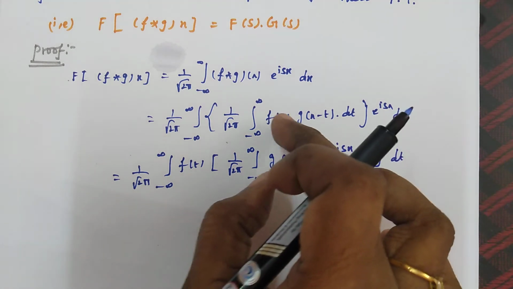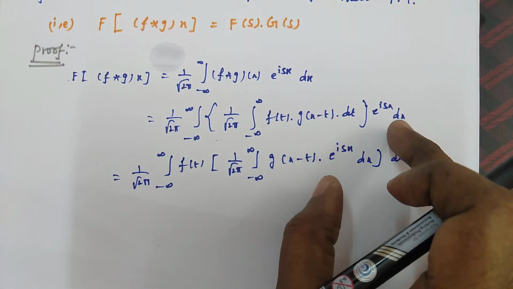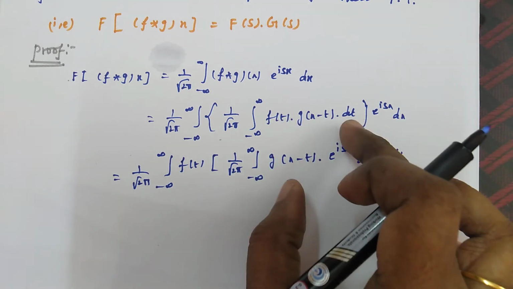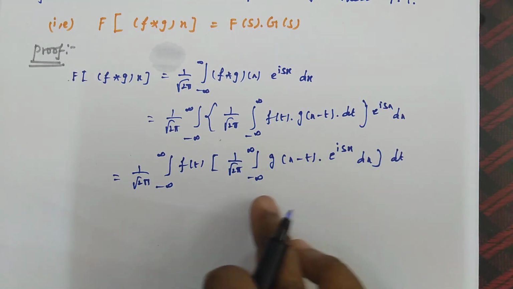So just we have arranged by changing the order of integration in t and x. So f of t dt and the x integration, just now we have written.